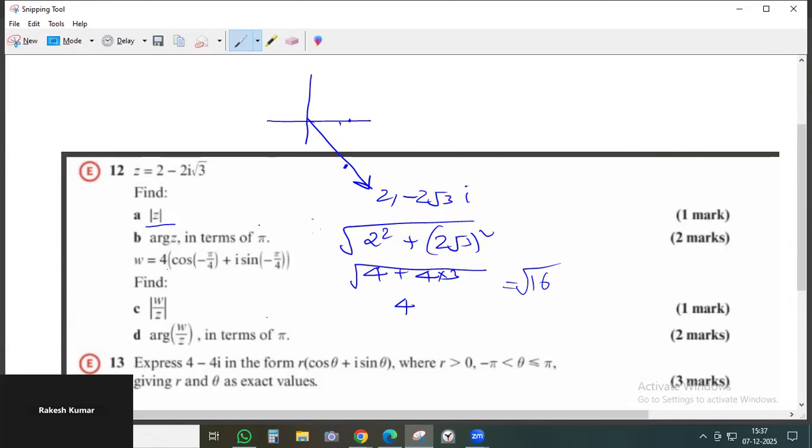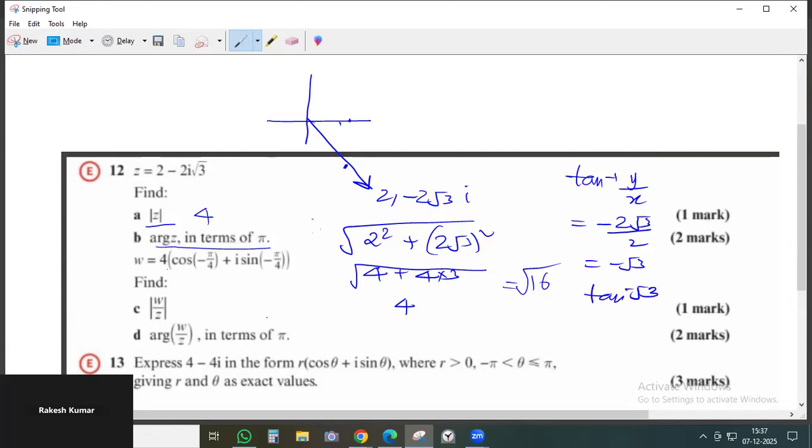Now this is done. Argument is tan inverse of y by x. So that's minus 2 root 3 divided by 2. Now that is minus root 3. So what's tan inverse of minus root 3?